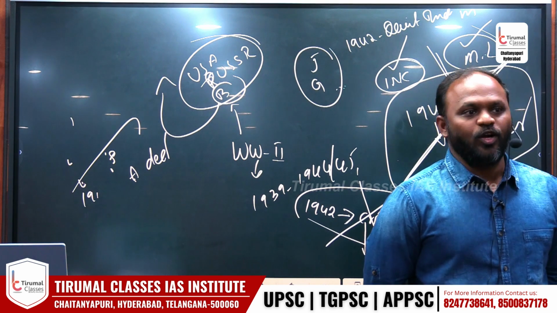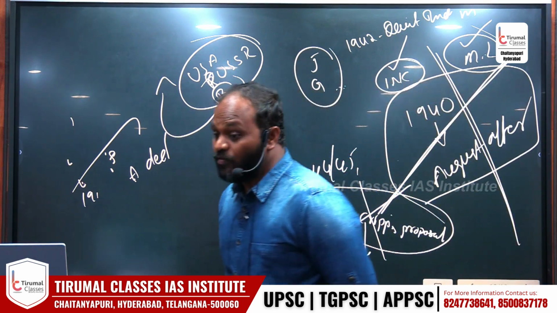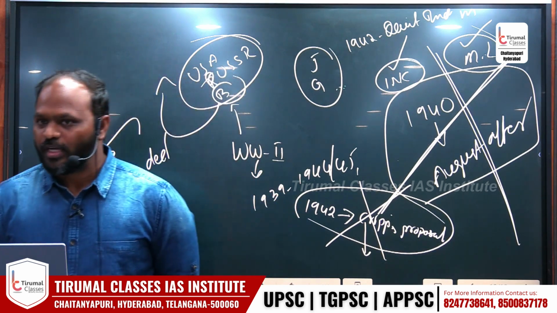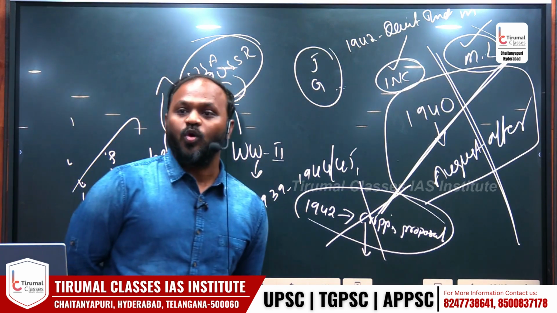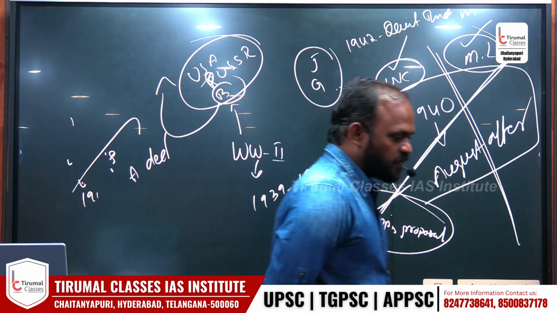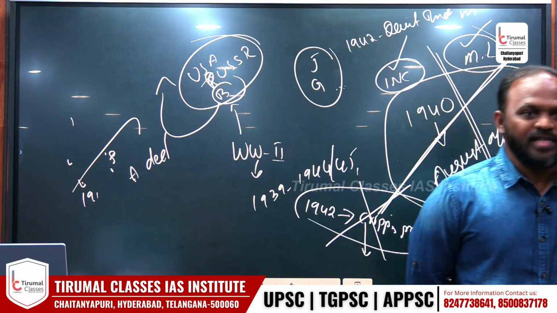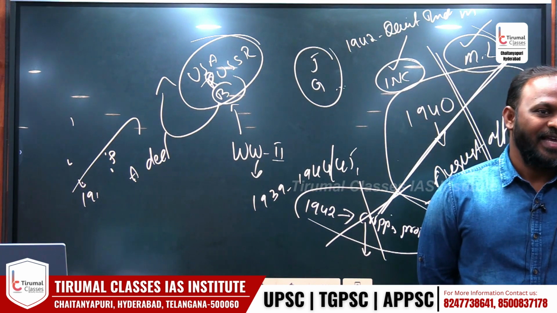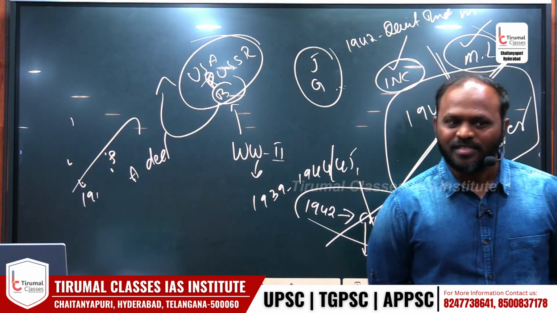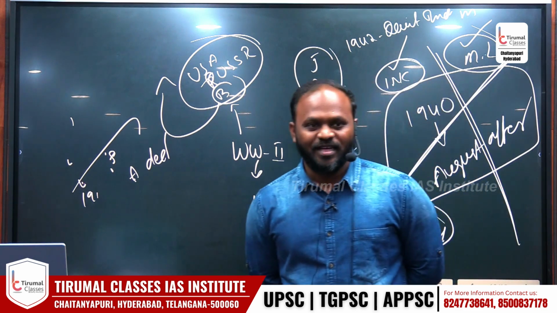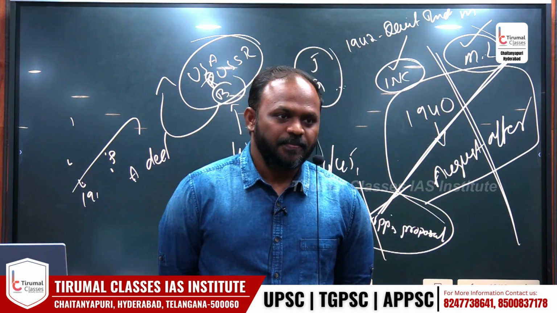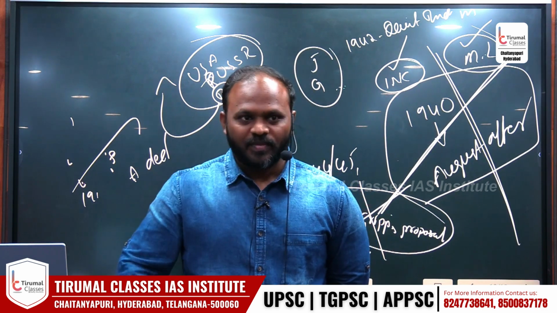After this, in 1944, World War II ended. When World War II ended, is there any need of Indians for the British? After World War II ended, do the British need Indians' help or not? Generally no, am I right?